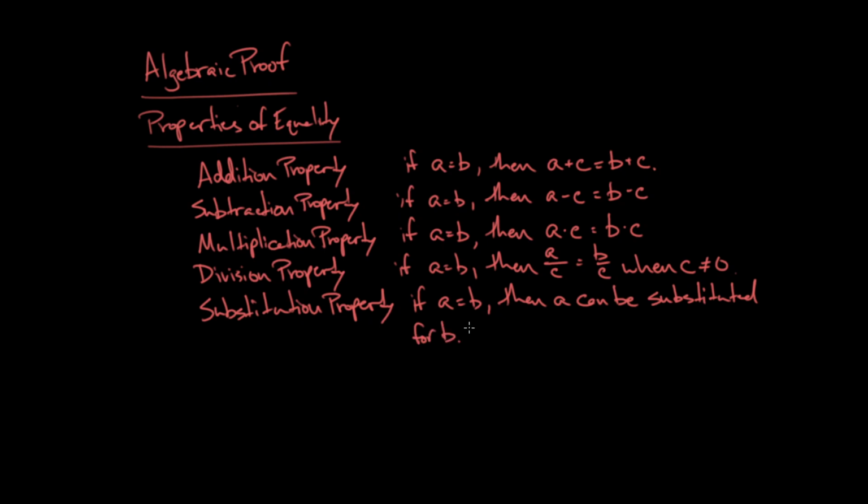So these are my 5 properties of equality. I have my 4 operations here, and there's nothing shocking. It just says that whatever I do to one side of an equation, I have to do to the other. And then my last one here is my substitution property of equality, which just says that if two things are equal to each other, I can substitute one in for the other in the equation.